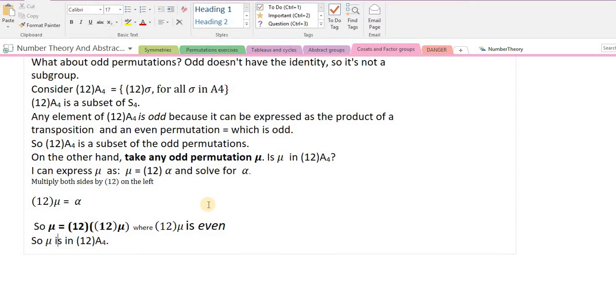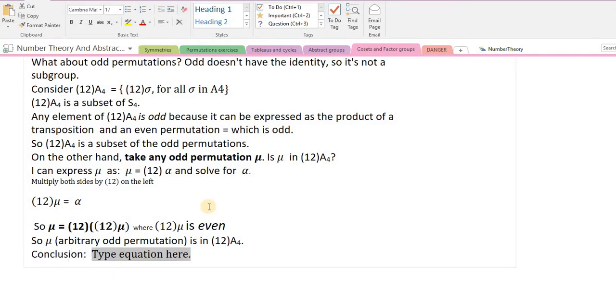Mu was an arbitrary odd permutation. On the one hand, we've said that any element of (1 2) A4 is odd. On the other hand, we said any odd permutation is in (1 2) A4. So the conclusion is that (1 2) A4 is equal to the set of odd permutations.